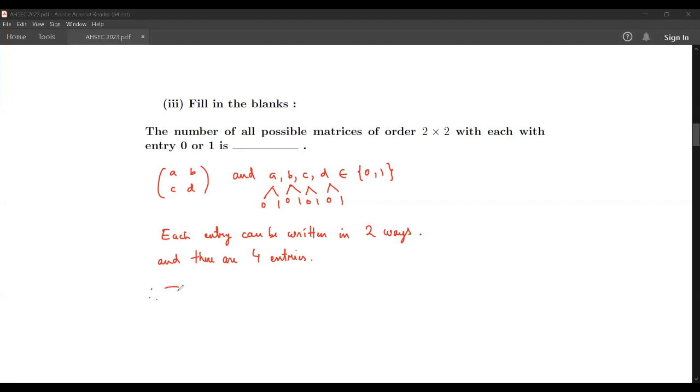So in total, the number of possible matrices which I will get will be nothing but 2 raised to the power 4, which is 16.